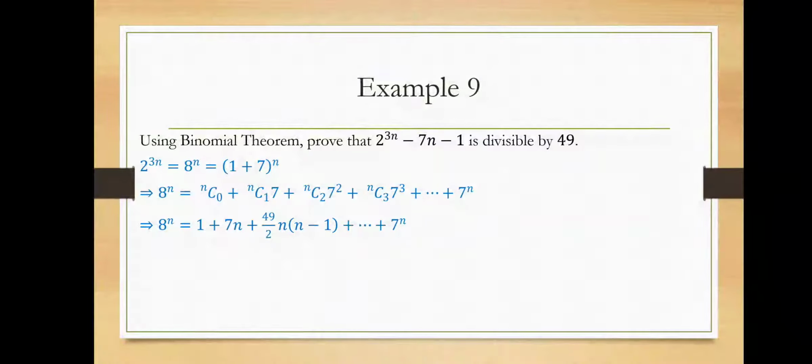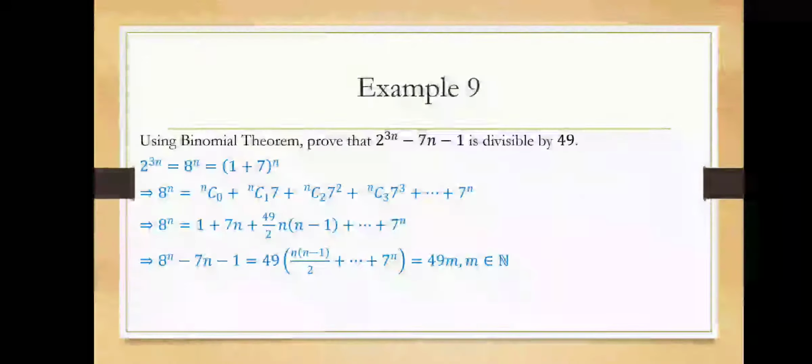All the terms starting from the third term onwards will definitely have a factor of 49. Why? Because 7 square is the least power of 7 that we can see. All the other terms will have higher powers of 7. So if I take that 1 and 7n to the other side, 8 to the power n minus 7n minus 1 can be divided by 49 because all the terms have 49 as a common factor.